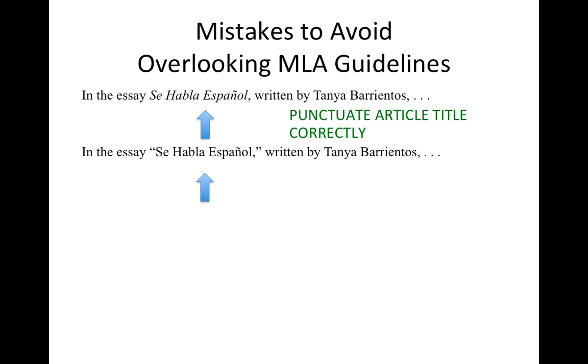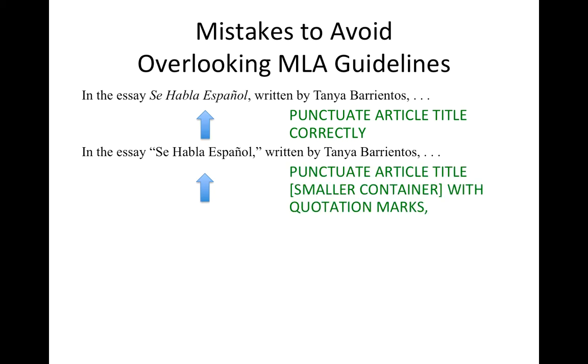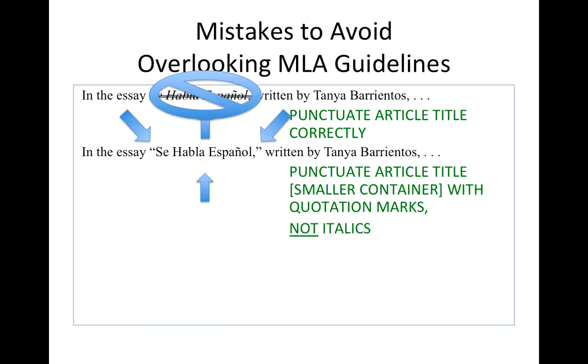Do you know? You can pause this video and look in your Little Seagull handbook and see if you can figure it out, and then come back, start the video, because the correct way to punctuate the article title, since it's a smaller container, is to surround the article title with quotation marks, not italics.